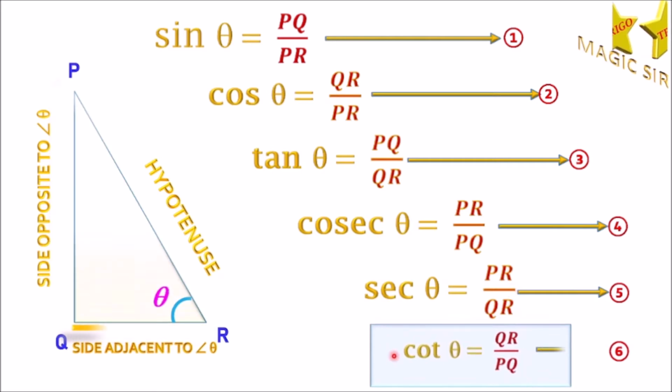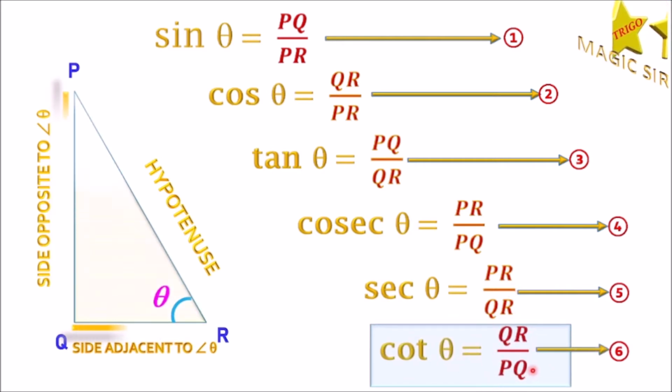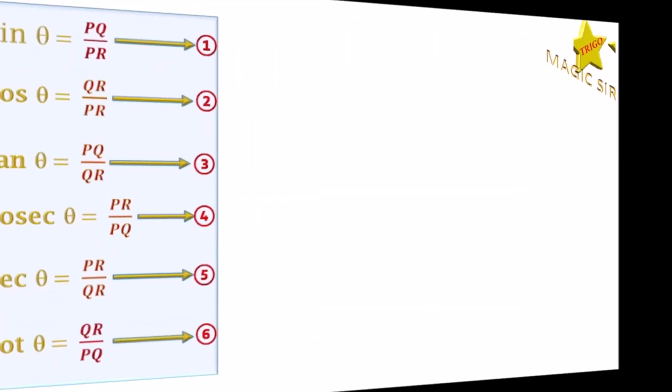The last, cot theta is equal to QR upon PQ. That is side adjacent to angle theta upon side opposite to angle theta is equal to QR upon PQ. So cot theta equal to QR upon PQ. Please remember these important ratios.